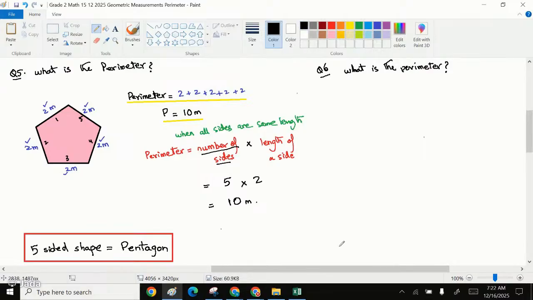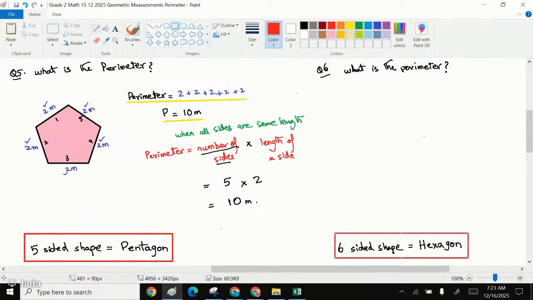We know that a shape with 6 sides is known by the prefix hexa, and sides are known as gon. So any shape which has 6 sides can also be called a hexagon.